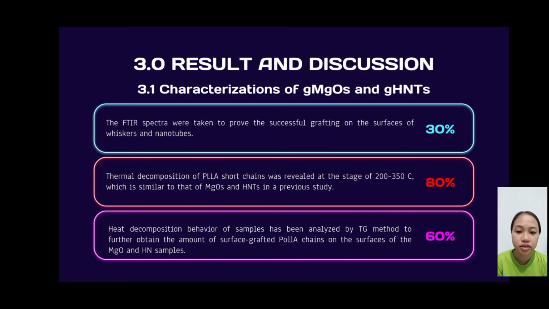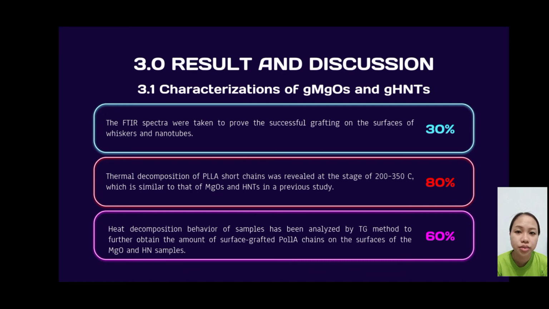3.1 Characterizations of GMGOs and GHNTs. The FTIR spectra were taken to prove the successful grafting on the surfaces of whiskers and nanotubes. Thermal decomposition of PLLA short chains was revealed at the stage of 200 to 350 Celsius, which is similar to the MGOs and HNTs in a previous study.